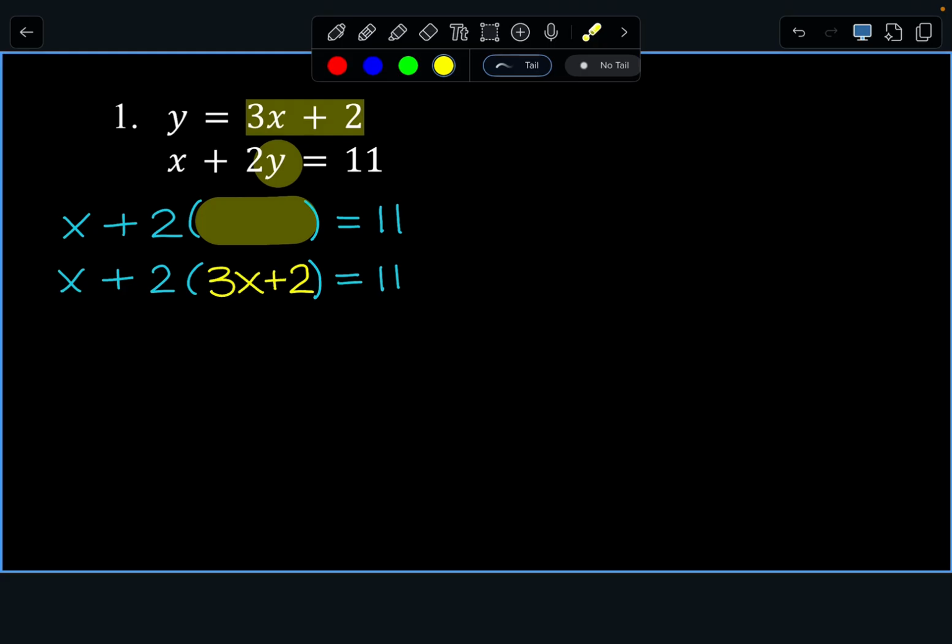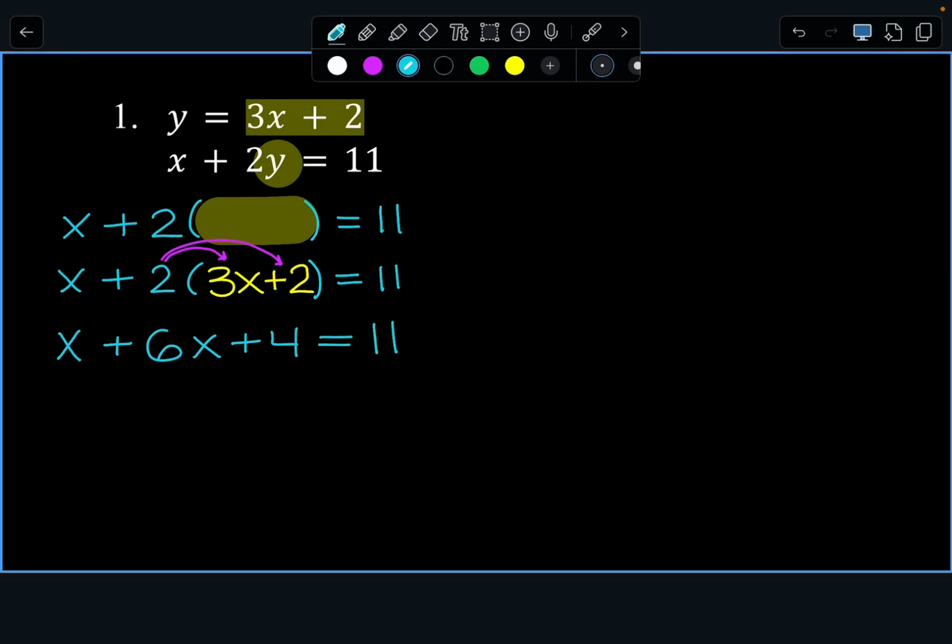Now, this is like solving any equation that has the distributive property and combining like terms. Our next step is to multiply 2 to each. So we have x plus 6x, because 2 times 3x is 6x, and then 2 times 2 is 4, equals 11.